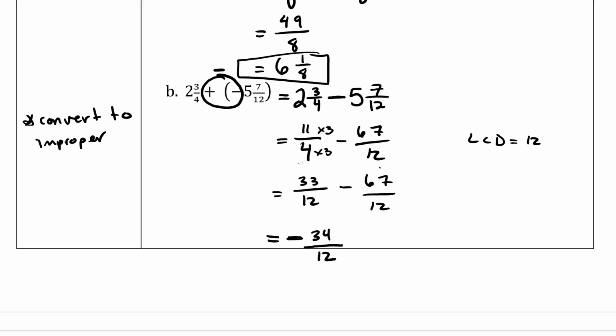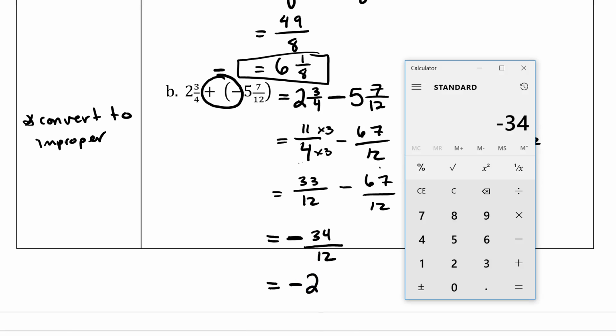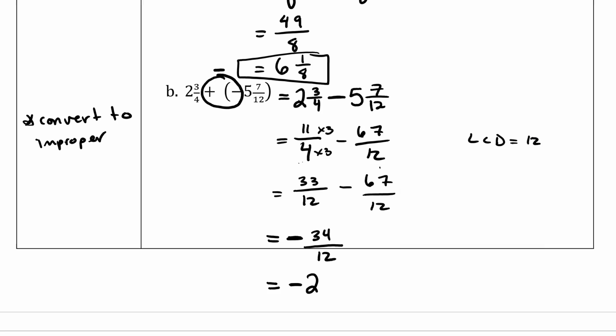I want to convert this into a mixed fraction. I know that the number is negative, so I'm going to take that out in front. The way that I do this is I say, how many times does 12 go into 34? Well, it goes twice. So the big number out in front is going to be my 2.